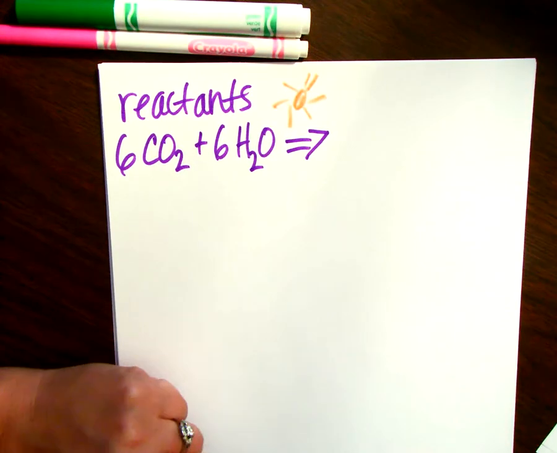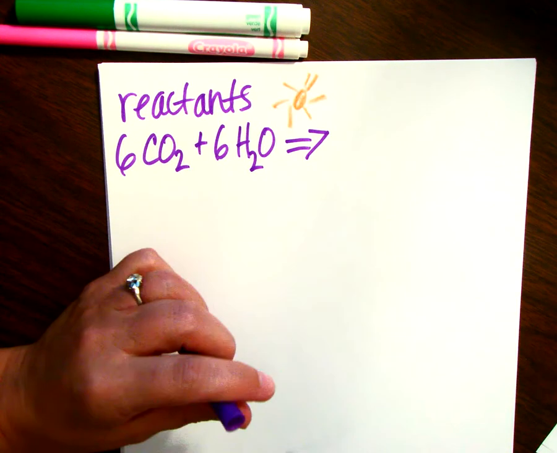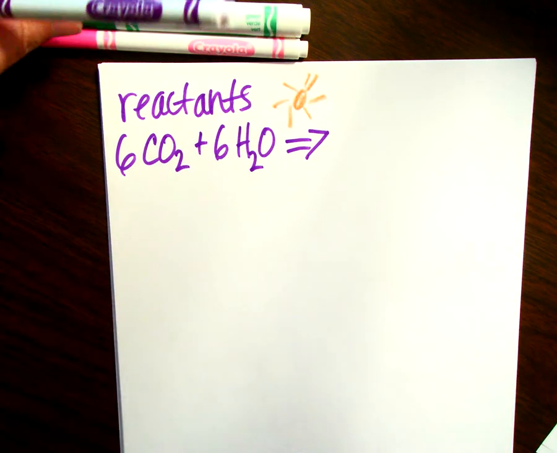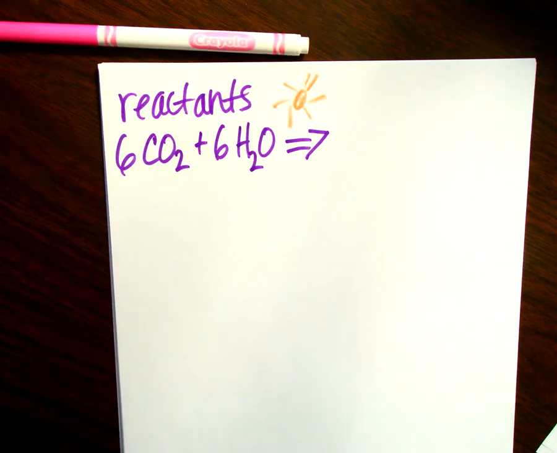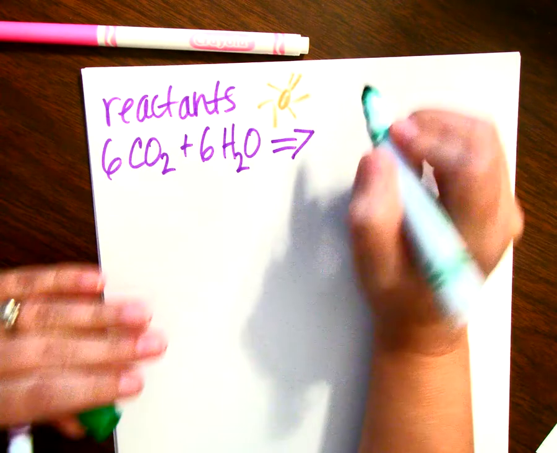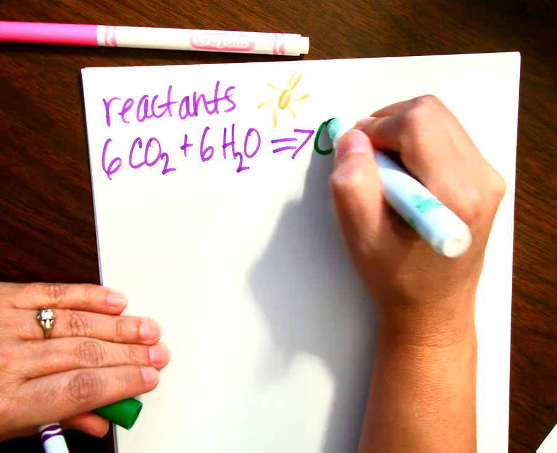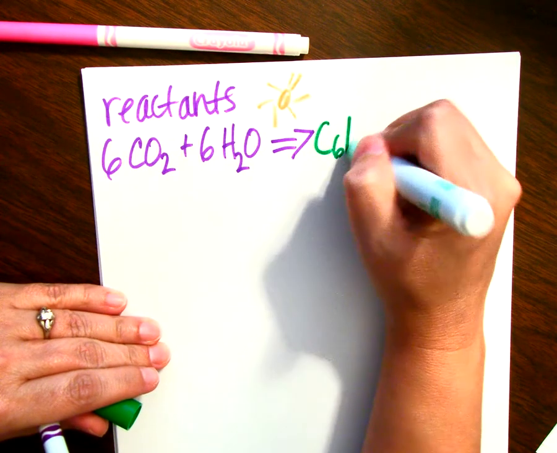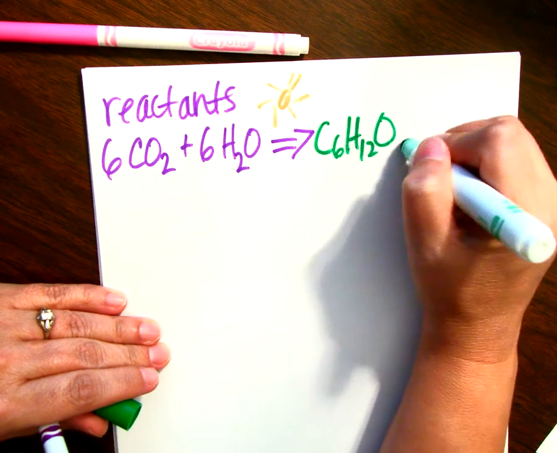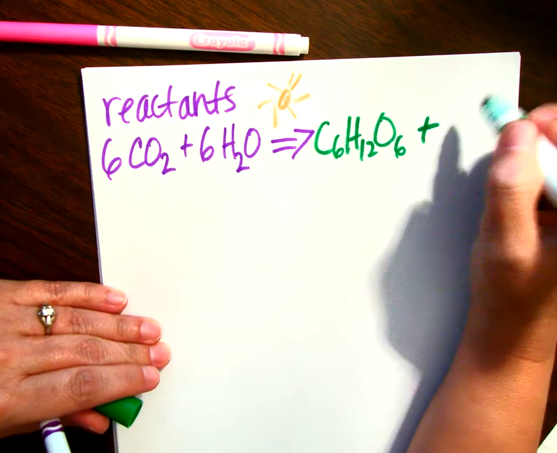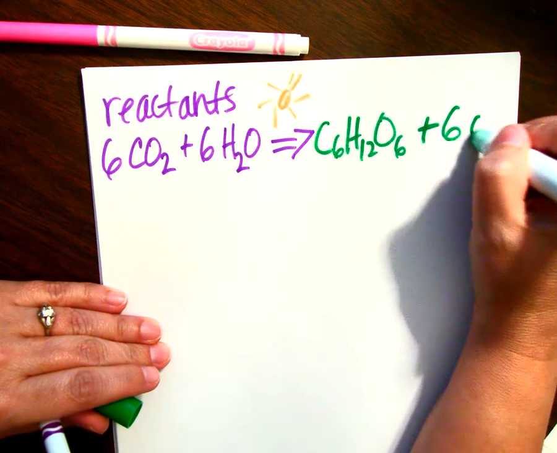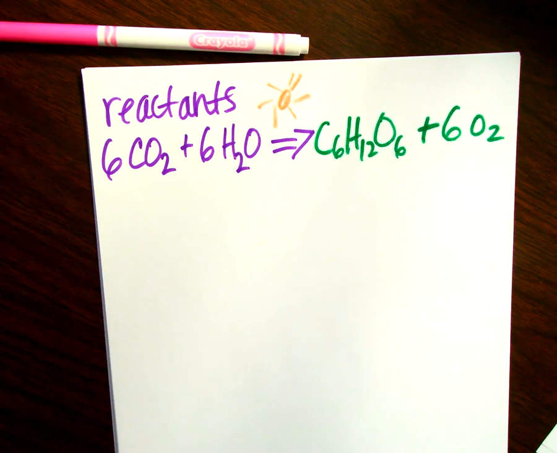That's fueling the process. And what we have as products after the chemical reaction is 1 molecule of glucose and we also get 6 molecules of oxygen.